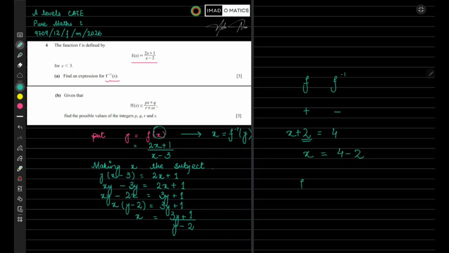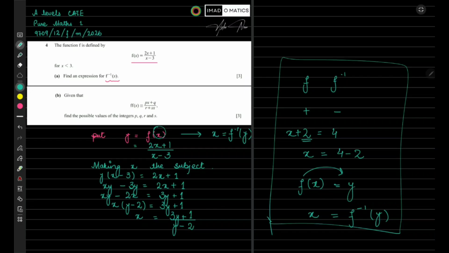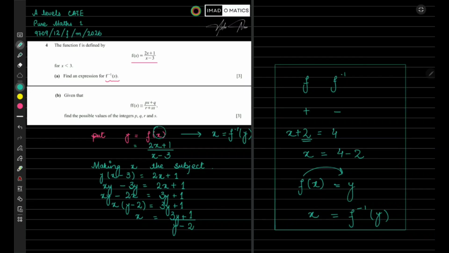In the same way, if you have f of x equals y, the opposite operation of f is f inverse. So if we take this f on the other side, it becomes f inverse. This is the logic behind why f becomes f inverse when we interchange the place.